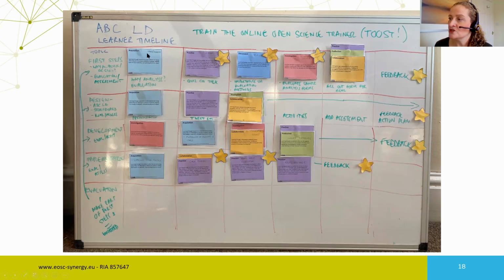And I've decided which type of activity I want to use, and then specifically saying the actual activity that I'll use. The yellow stars are where you can map on assessment and evaluation. So I've got some at the end, but also making sure that I've got formative assessment as we go through, as well as the summative assessment right at the end.